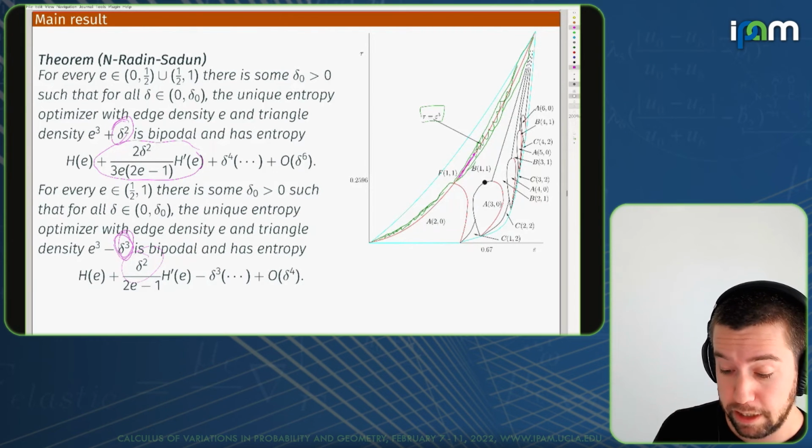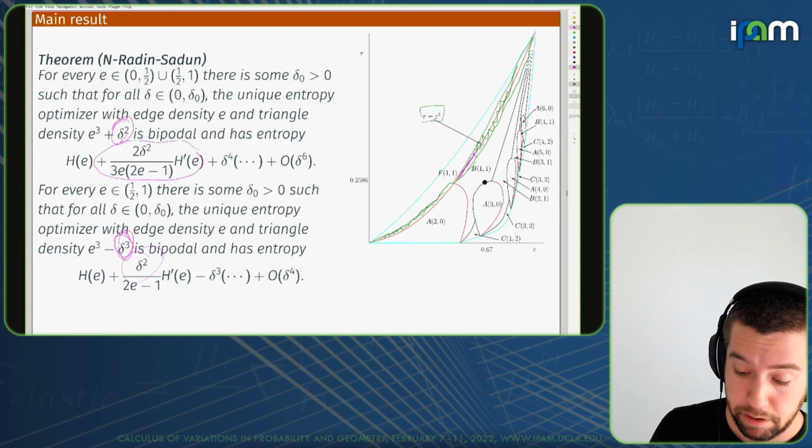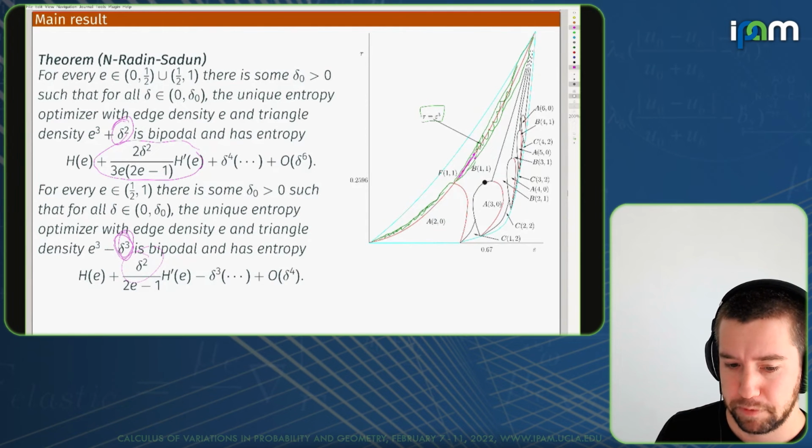It's much more likely that if you condition on seeing fewer triangles, you will just see fewer edges. So if you do this sort of G(n,p) thing that I mentioned at the beginning, you will just never, ever get into this position in our phase diagram.